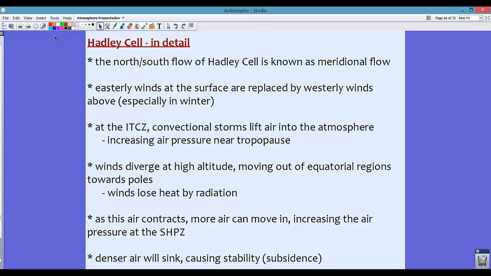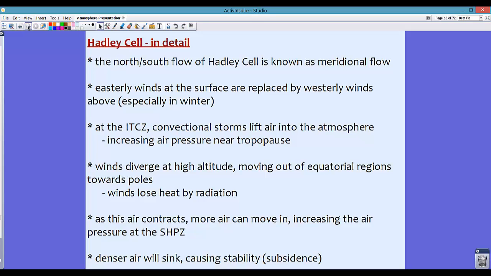So what we see are easterly winds at the surface being replaced by westerly winds a little bit above it, in the atmosphere. Now at the ITCZ, remember that intertropical convergence zone, convectional storms will lift the air into the atmosphere, and this is going to increase air pressure near the tropopause.